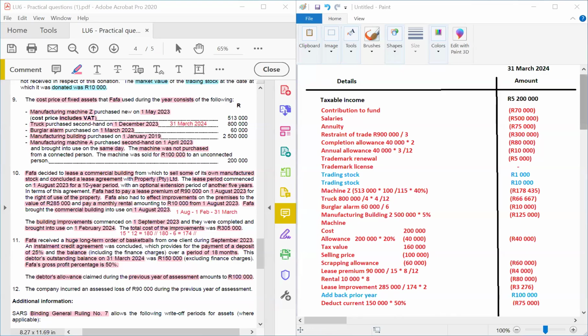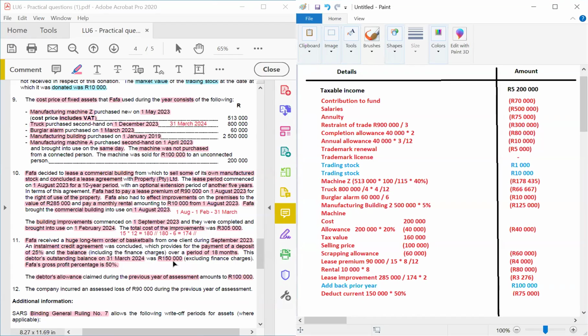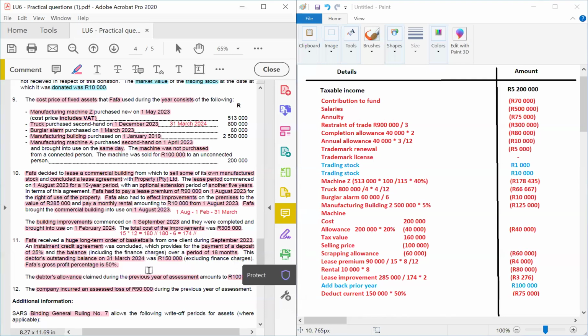Remember that we had packed a lot of things, but before we go on to the donation, they are telling us the company incurred an assessed loss of 90,000, right? So we need to add everything here and check whether it's a positive. If it's a positive, we can deduct the assessed loss, right? But with my naked eye, I can see that we would have a positive. So let's net all the amounts.